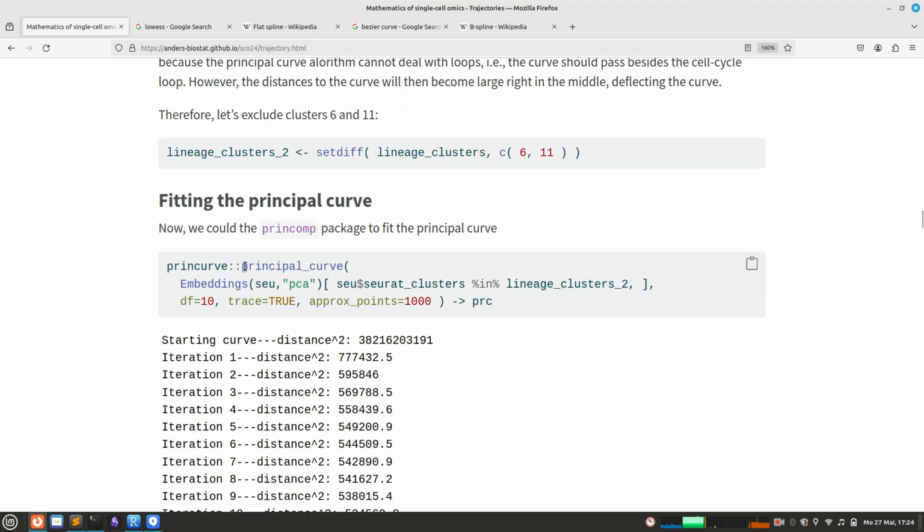So I call the principal curve package, and I give it here my data points. In my example before, I gave it a matrix with 2 columns for x and y coordinate. Now I give it a matrix with 20 columns for all the principal component coordinates, using only those data points which are within the lineage, so kicking out the other clusters.